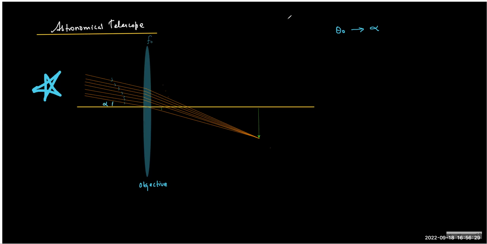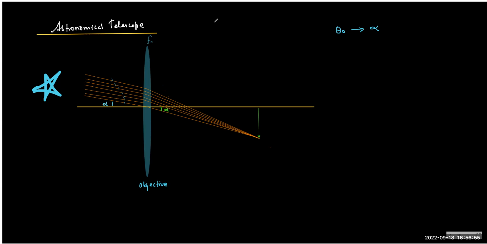I'm trying to be politically correct here, but nevertheless. So this angle is alpha, and this alpha is called the angular size of the object.